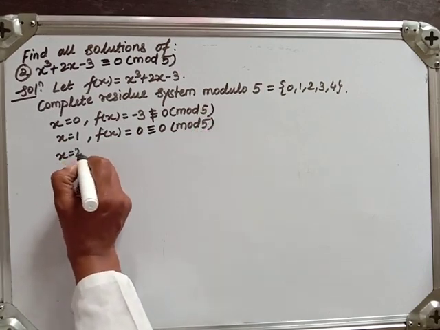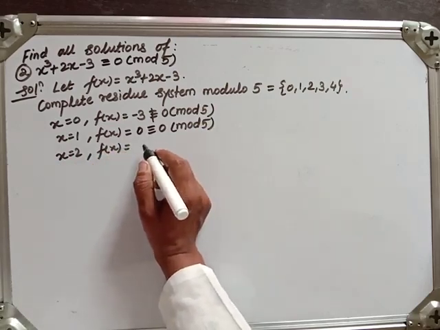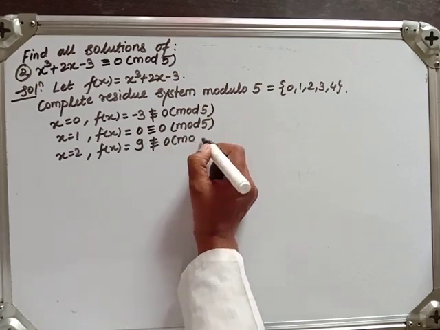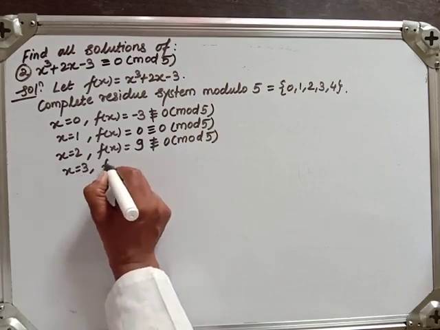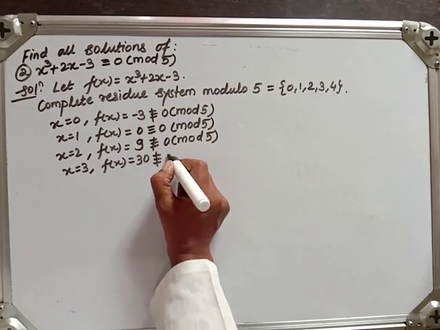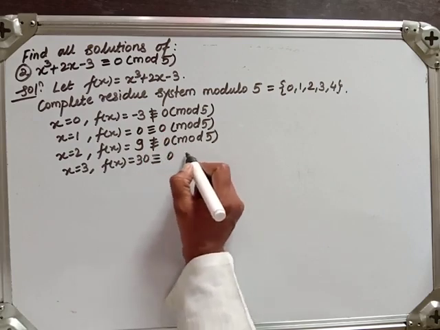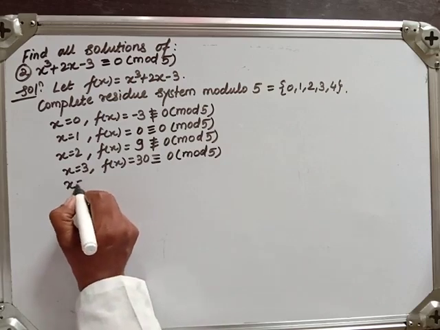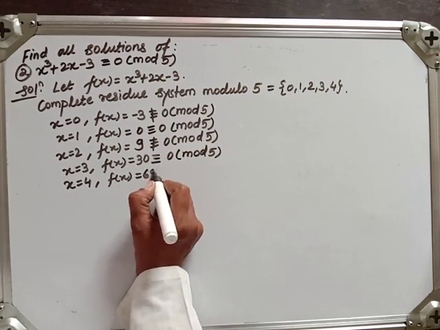X is equal to 2, at that time f of x will be 9. It isn't congruent to 0 modulo 5. X is equal to 3, then f of x equal to 30. It is congruent to 0 modulo 5. X is equal to 4, then f of x equal to 69.